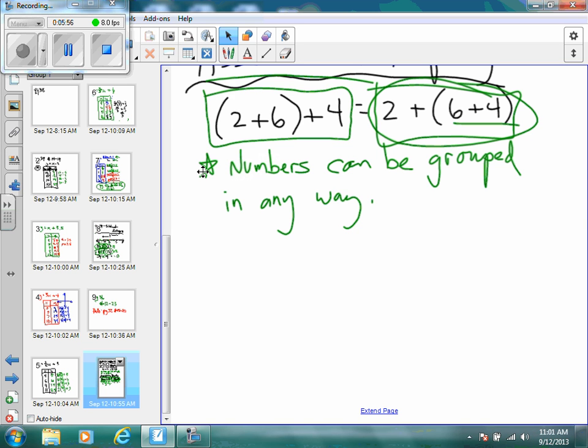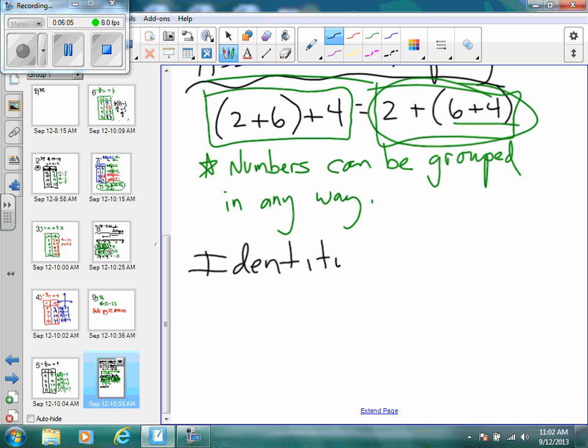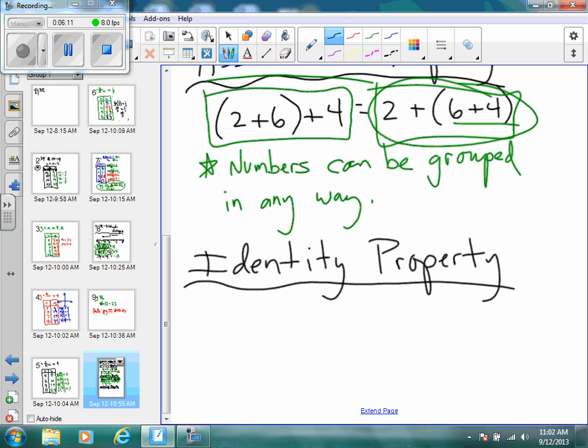And then the identity property is the last one. Your identity. What is your identity? What is your identity? Larissa.